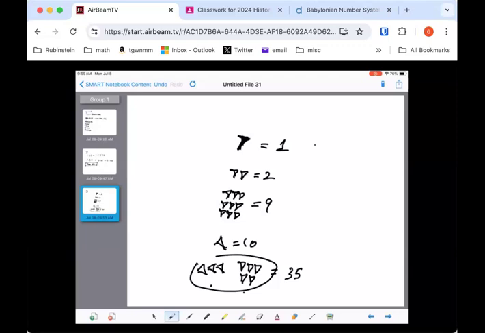We're going to write the numbers as 2-digit numbers. So 01, 02, up to 09, and then we start getting 10, 35. And then we'll go up to the number 59, which would be 5 of these diagonal ones and 9 of these upright ones.